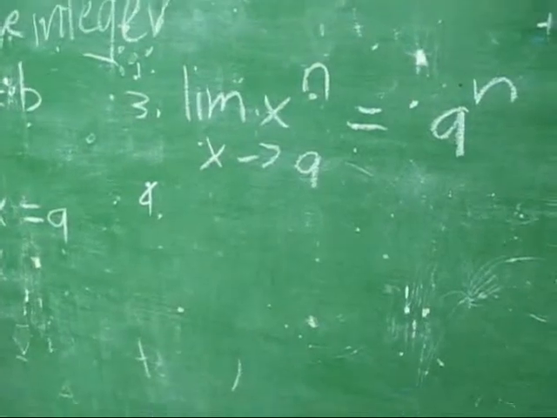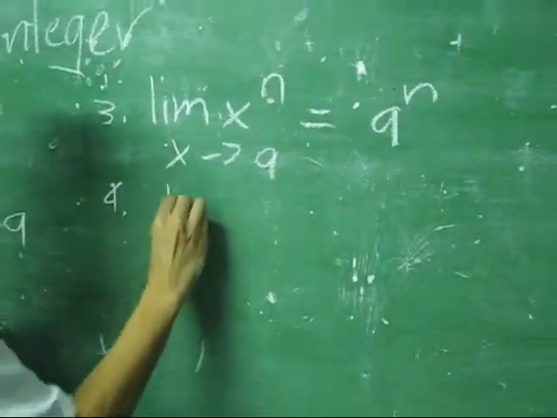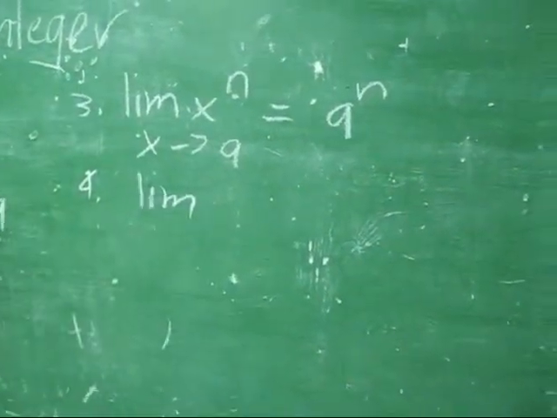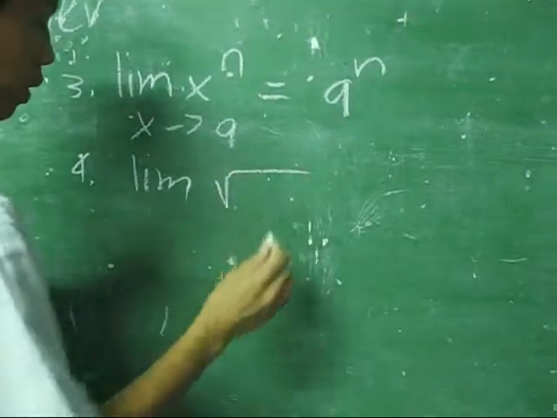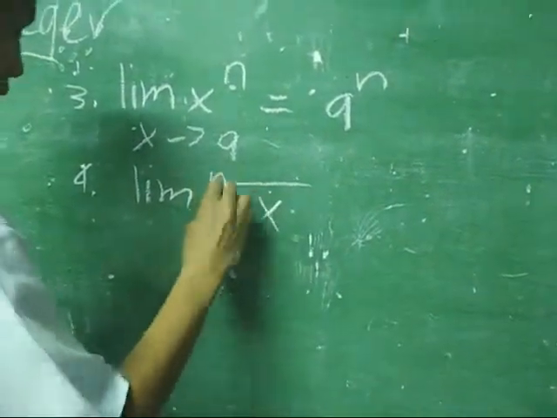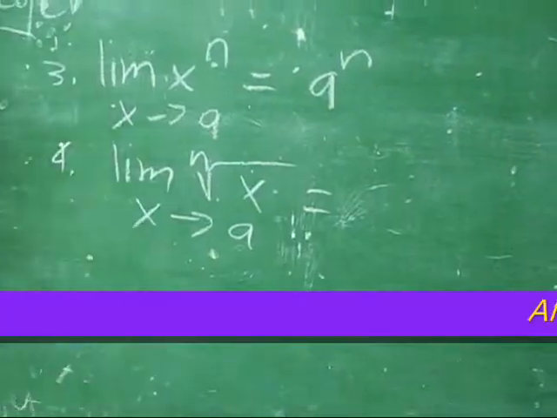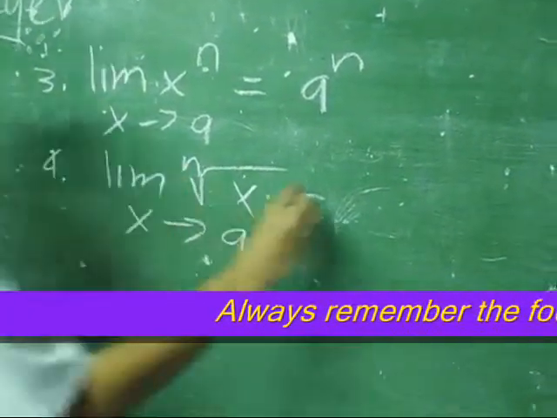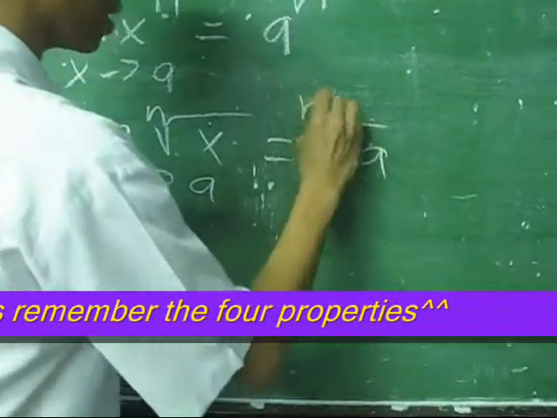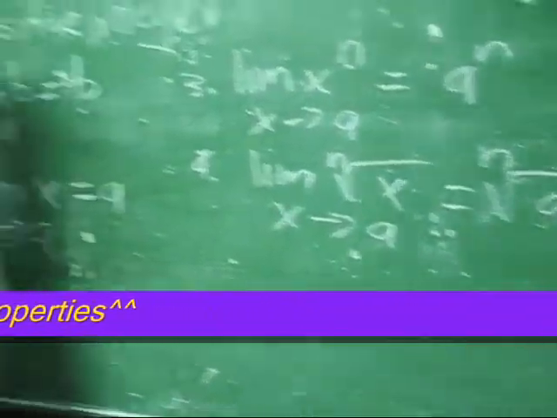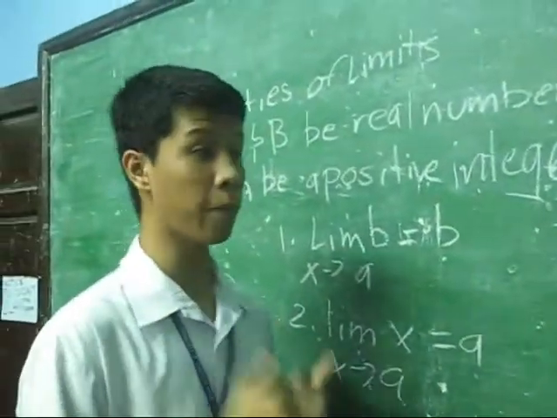Fourth property, limit of the nth root of x as x approaches A is equal to what? The nth root of A. So now, we have our 4 properties.